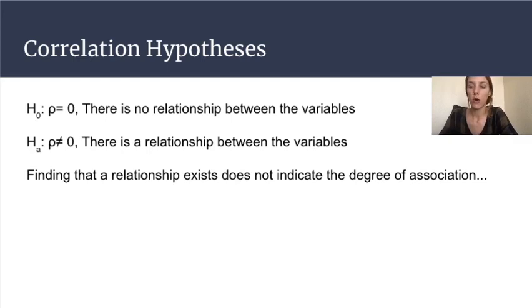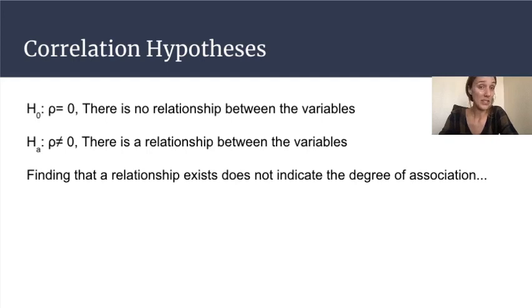So for our hypotheses here, we'll basically be saying there's either no relationship present between the two variables that we're investigating, or there is a relationship present between the two variables we are investigating. Rho equal to 0 means that there's no relationship between the two variables.